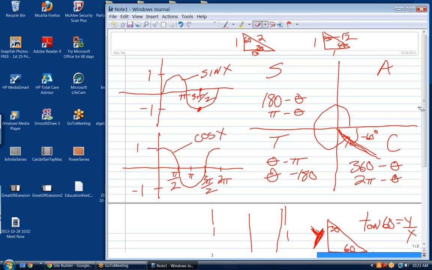Once you start taking trig functions of, say, 32 degrees, you have to use a calculator or a table. We have no way of figuring that out. Nobody knows how to take the sine of 32 degrees. You look it up.